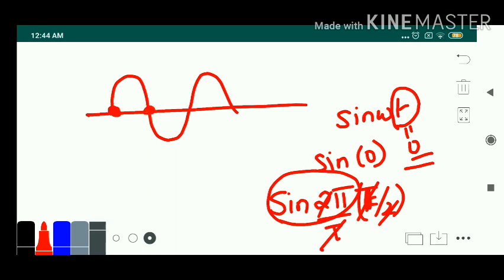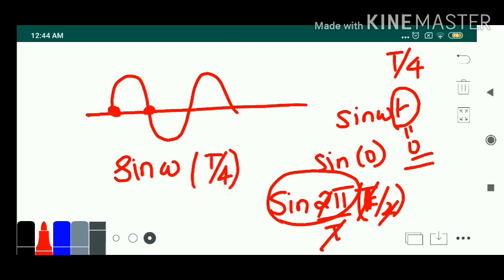Remember, I have taught it, guys. Similarly, at the time interval T by 4, in place of ω I'm writing 2π by T. Obviously T cancels off, and there will be only sin π by 2, which means the maximum value, so the value will be here.